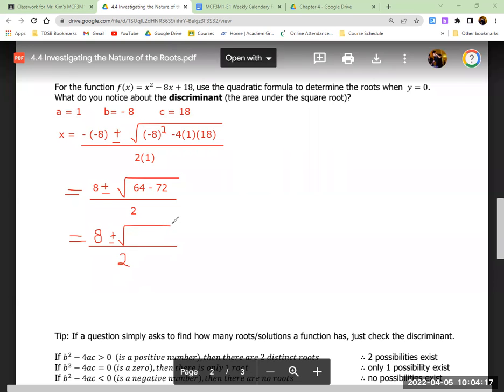What is the discriminant? So let's get used to using the word discriminant. What is the discriminant? -8.